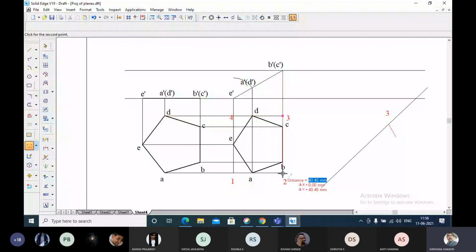So you need not do anything. Take your compass and mark 40.45 length from here. Okay, I marked this. This point is 2.